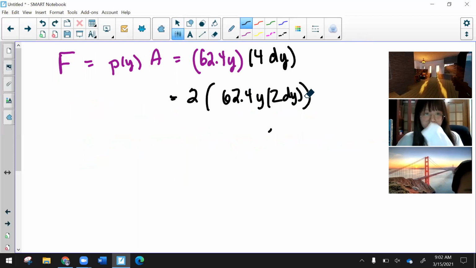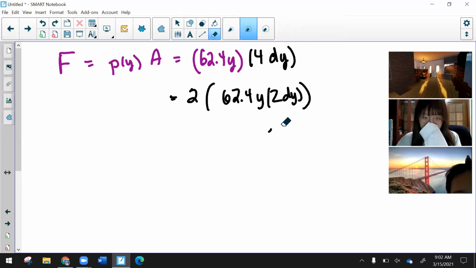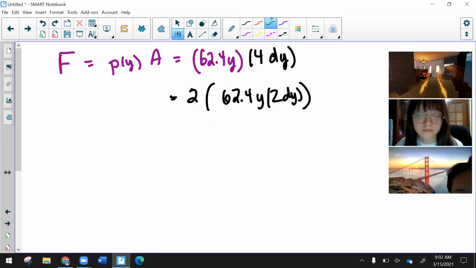All I did was pull out a 2. Why might I want to do that? What is this? Look in your notes. You're not going to get it by staring at it, but look in part A of the problem.